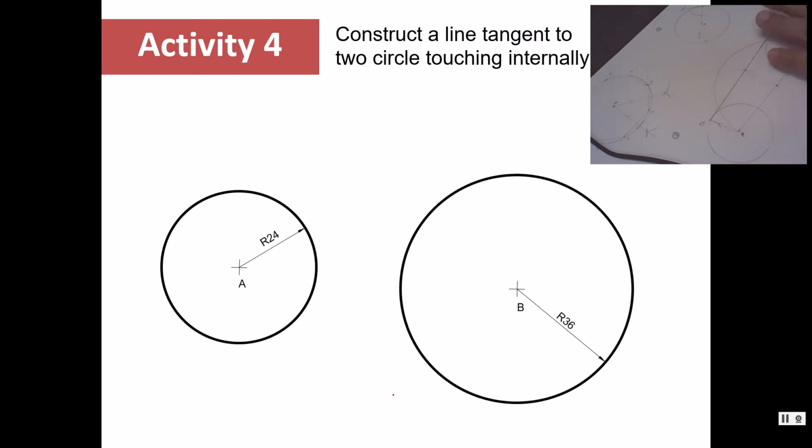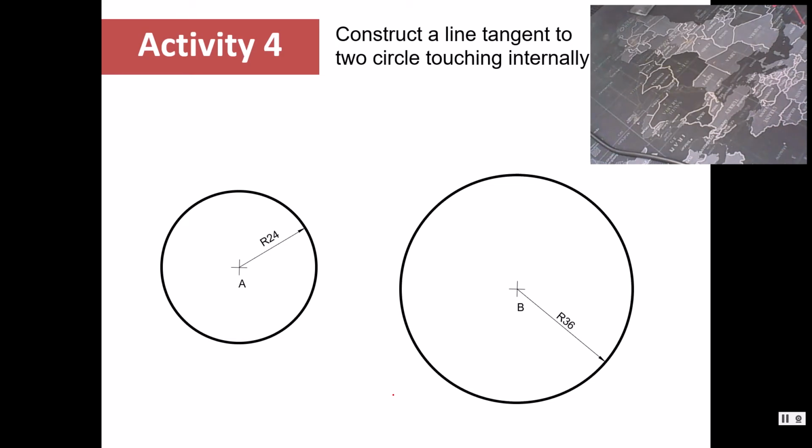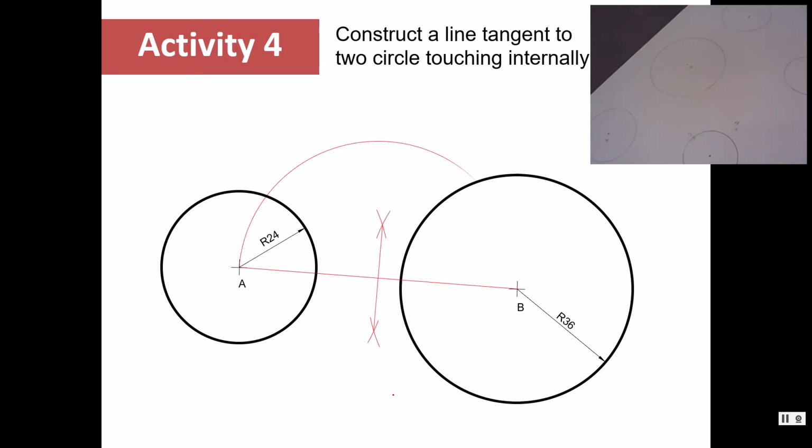Okay, so we have the A circle with the radius of 24, and the B circle with the radius of 36. So the first thing, similar to the previous activity, is the A to B line, and then we find the midpoint of that AB line, so that we can have a center point to draw a big circle there.